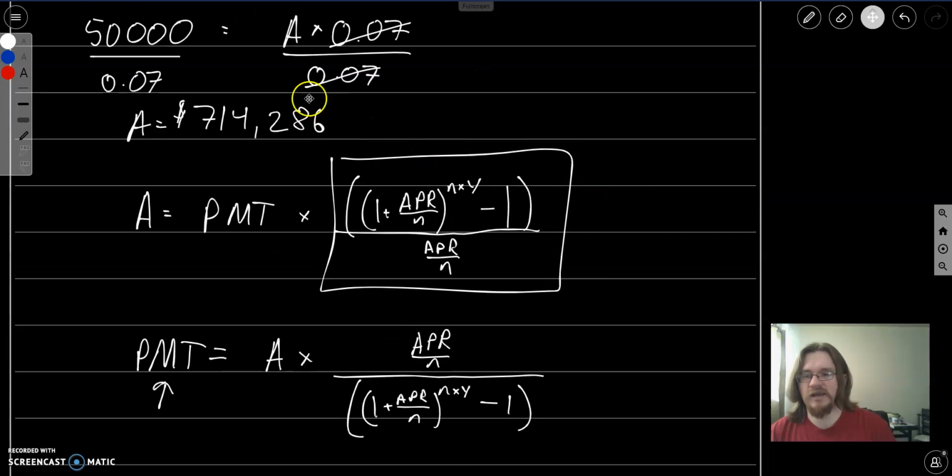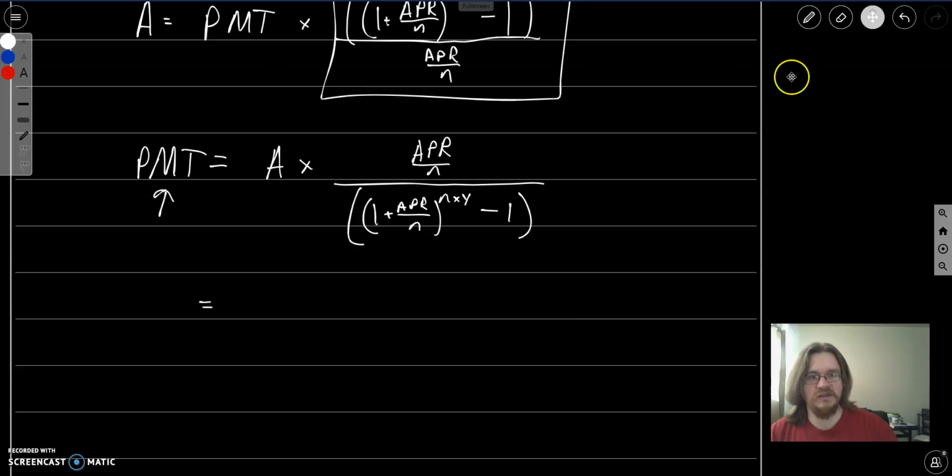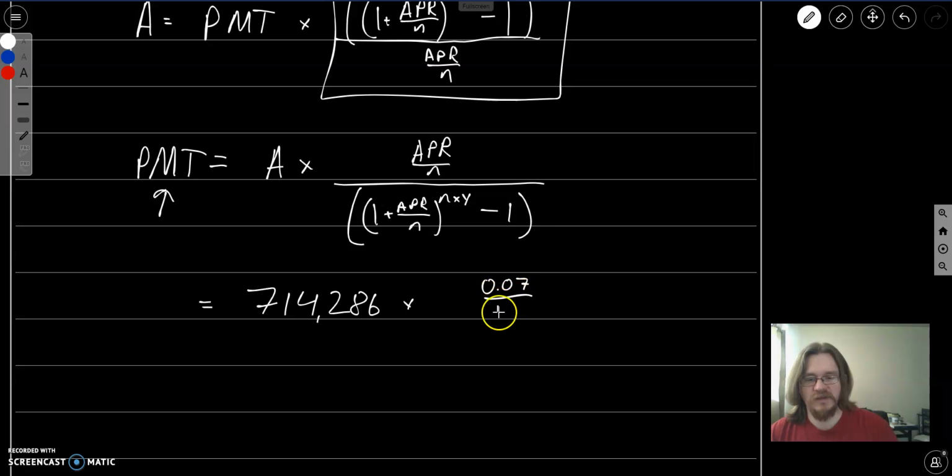So let's plug in our numbers. We knew that we wanted this amount in our account, 714,286, times our APR, which was 7%, so 0.07, divided by 12 payments a year, over 1 plus, again, our APR divided by n, all this raised to the n times how many years we're investing.